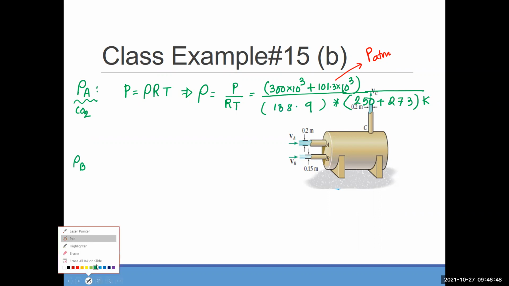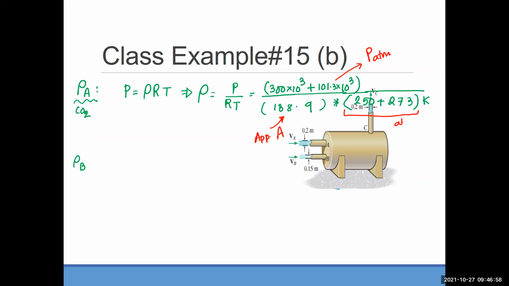Okay, and you got that from appendix A, right? So I will just write appendix A, and this whole thing is absolute temperature now, right? Okay. So do the calculation here. What will be the rho with proper unit?